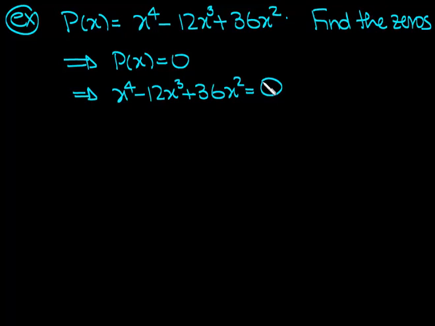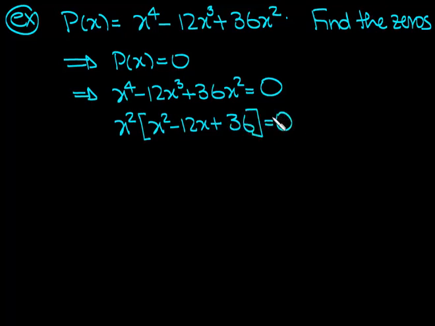Anytime you have equations with degree higher than 2, the first thing you should try is factoring. If that doesn't work, then you want to see if it's almost quadratic, especially if it has 3 terms. In this case, let's go ahead and factor this. There's an x squared common, so I get x squared times x squared minus 12x plus 36 is equal to 0.